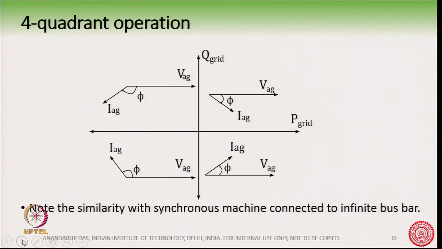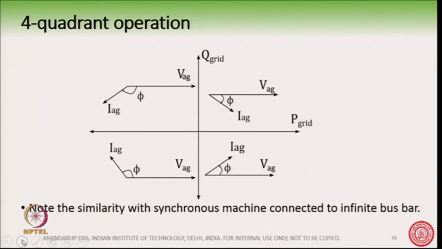Now, so we can see that this voltage source converter can act as a controllable voltage source, and it can place the current with respect to the grid voltage. The grid current can be placed in the 4 quadrants, which is very similar to how a synchronous machine behaves with the infinite bus bar.